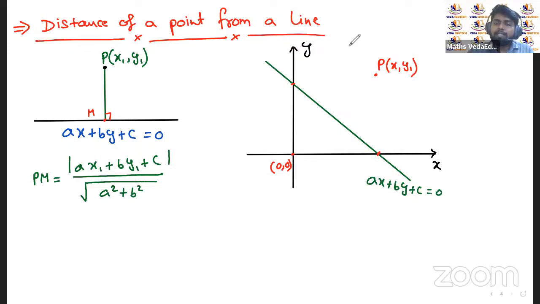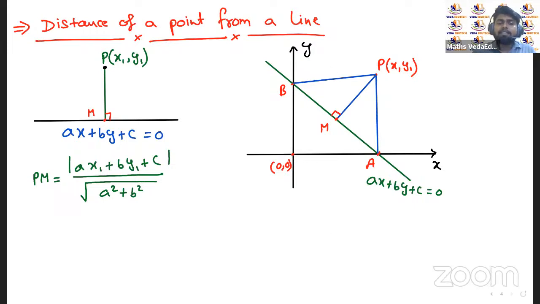Now we need to draw a perpendicular line from this point to this line, that is point M. Consider the intersection points as point A, and this one is point B. Now join these 2 points, P to B and P to A. Now we are getting one triangle, that is triangle PAB.